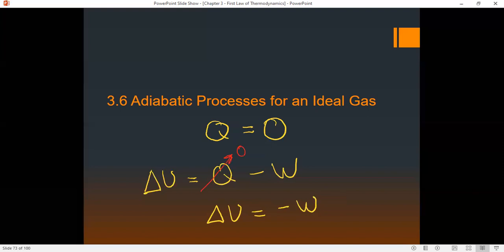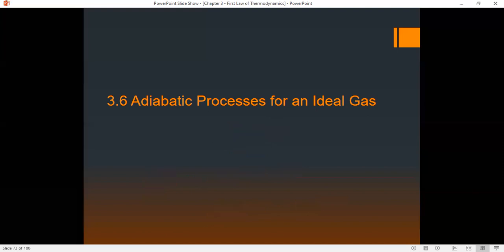So what does that mean for the adiabatic process? Well, that's very important, because if we are undergoing an expansion where work is positive, that means delta U has to be negative.